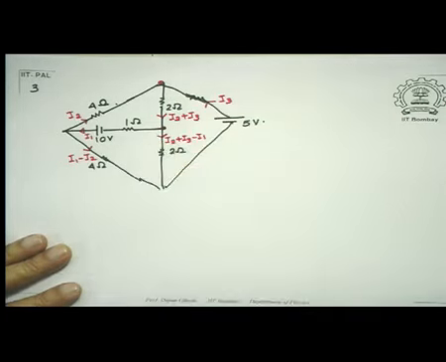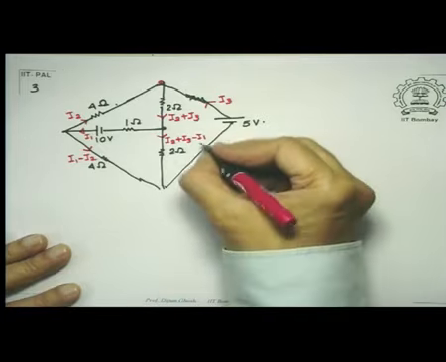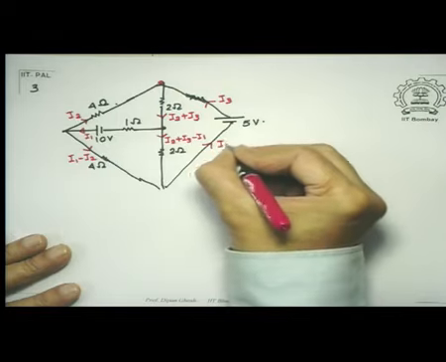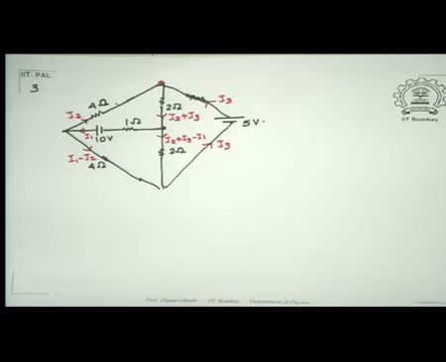Algebraic sum is still 0. And clearly this current is also I3. I have got all the currents in there. Now since I have got 3 unknowns there, I1, I2 and I3, I require 3 loop equations. Remember, I have already exhausted my junction equations.